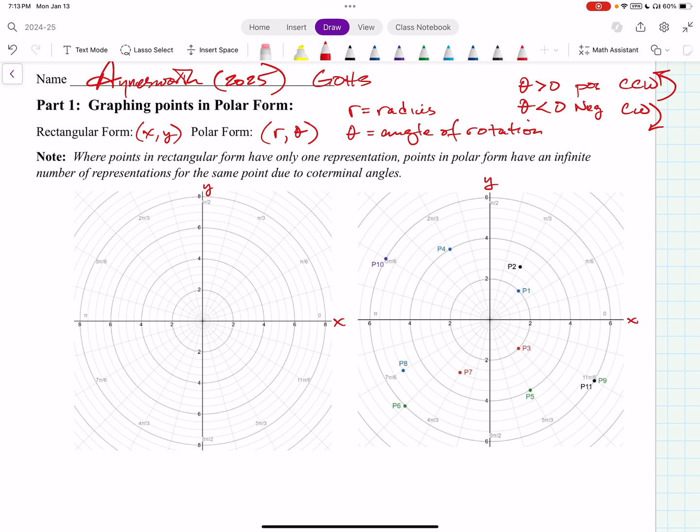The weird part about this lesson is that, and read my note here, where points in rectangular form have only one representation, points in polar form have an infinite number of representations. Holy cow! For the same point. It's due to the fact that we have coterminal angles and a few other things.